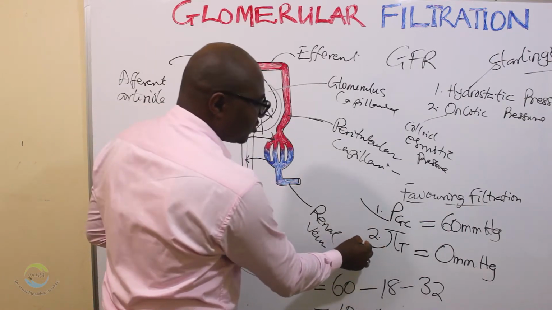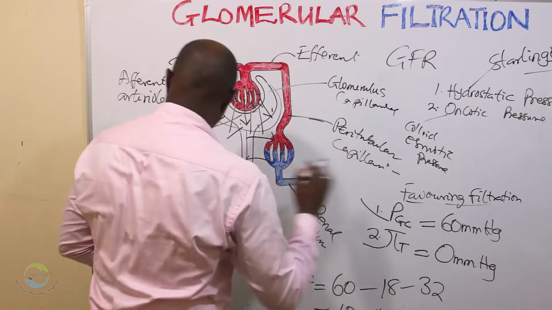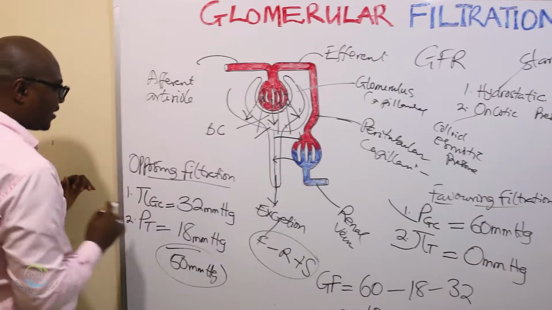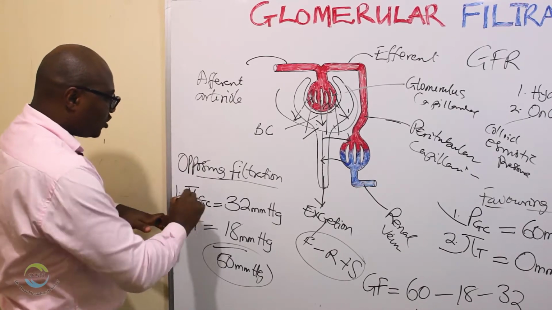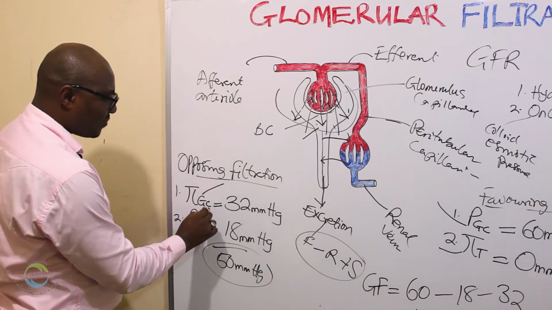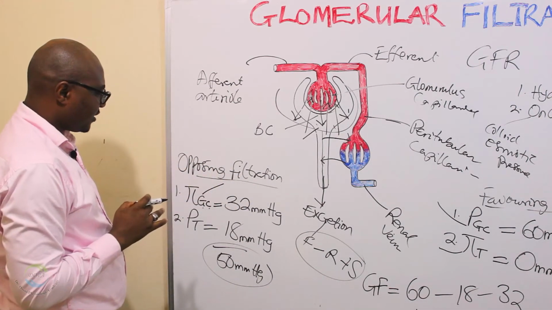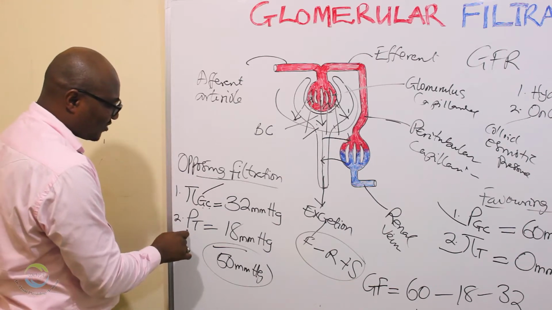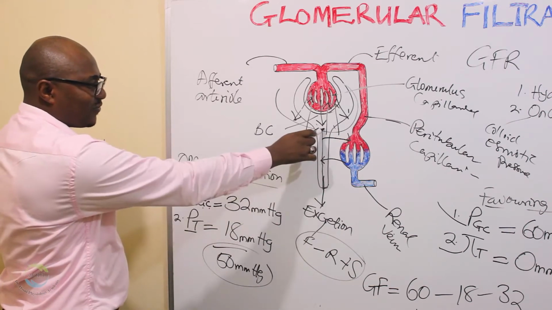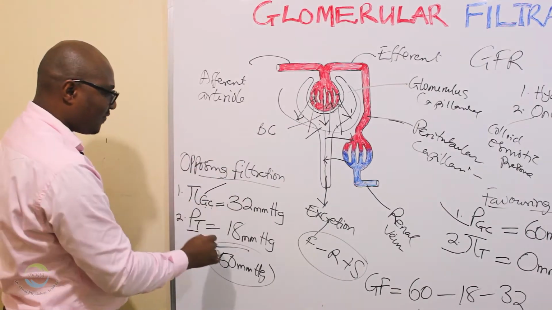Changes in this one, let's not mention it because it's zero. Let's leave that. So there are 3 that we can really focus on here. So changes in the oncotic pressure of the glomerular capillaries will affect glomerular filtration rate. Then changes in the hydrostatic pressure of this tubule around the Bowman capsule area will affect it.